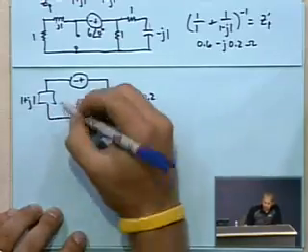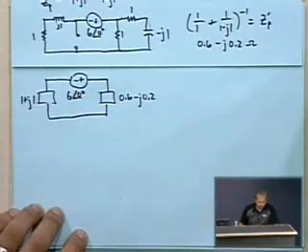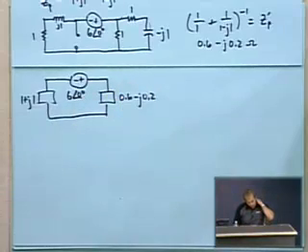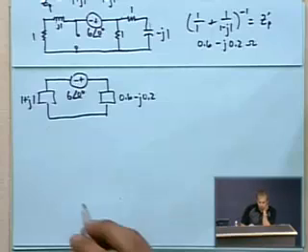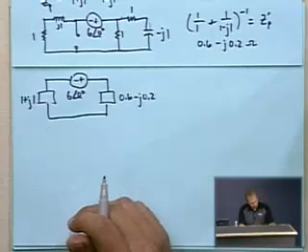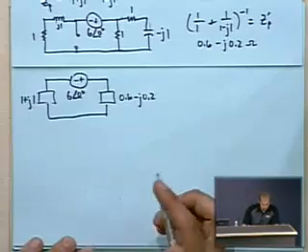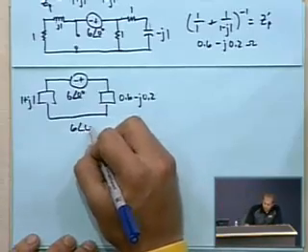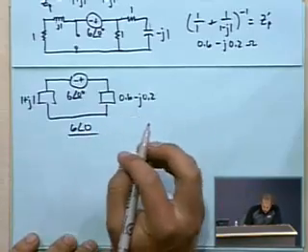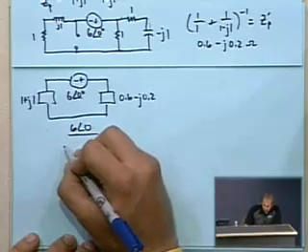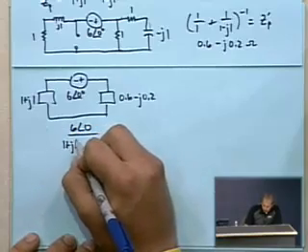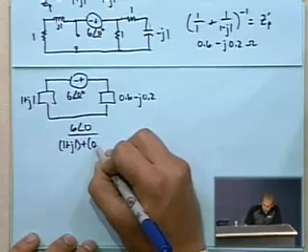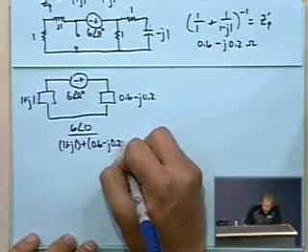And that's all the circuit's left with, 6 at an angle of 0 degrees. So divide the overall 6 volts by the total impedance, which will be 1 plus J1 plus 0.6 minus J 0.2.